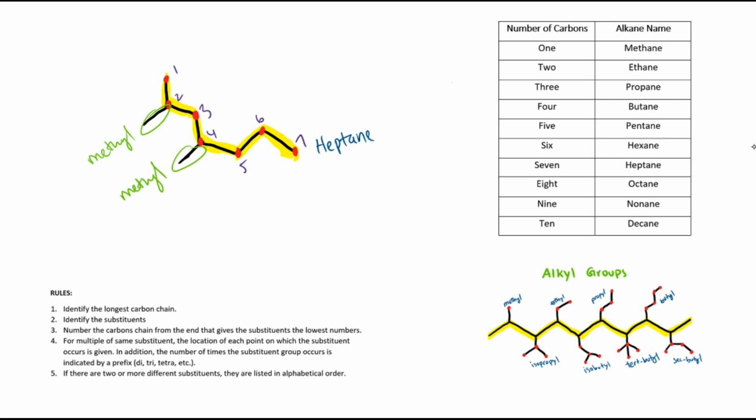Now we know the location of our alkyl groups, and all we have to do is put them together. Let me first write the final name and then I'll explain why it's the way it is. 2,4-dimethylheptane.